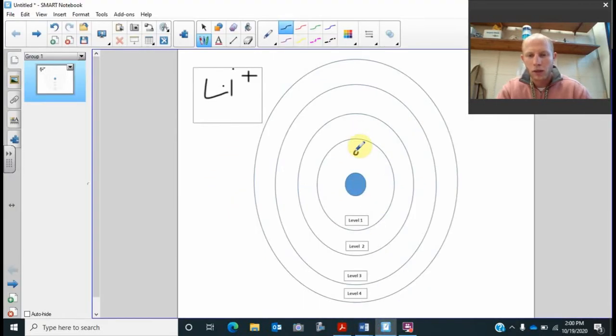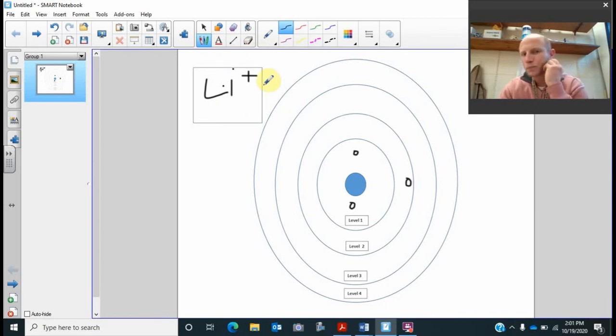So 1, 2, right? 2 electrons fit in the first energy level, and then we go to the next energy level. So we have our 3. However, we don't have an atom here, we have an ion. This is charged.